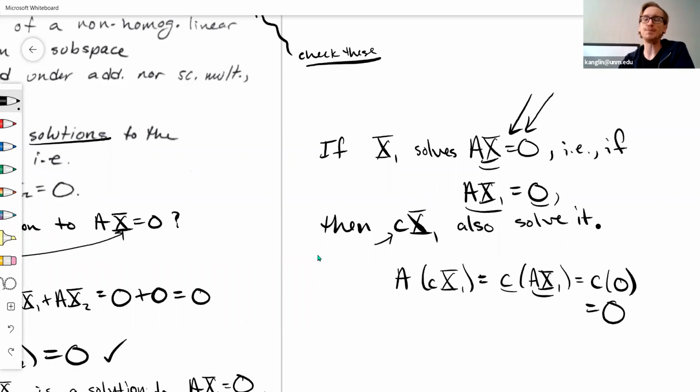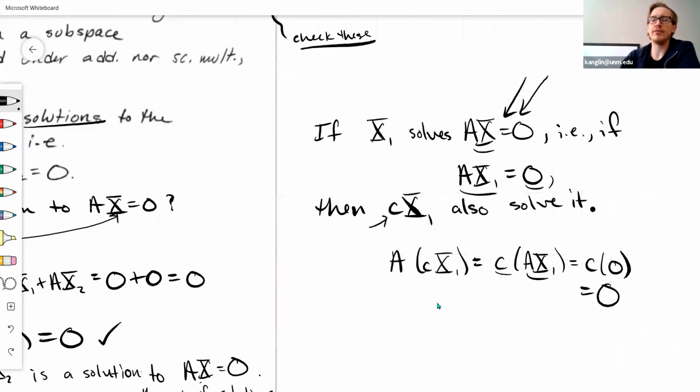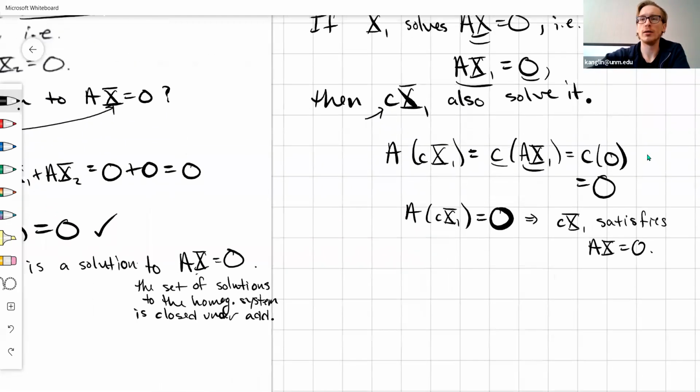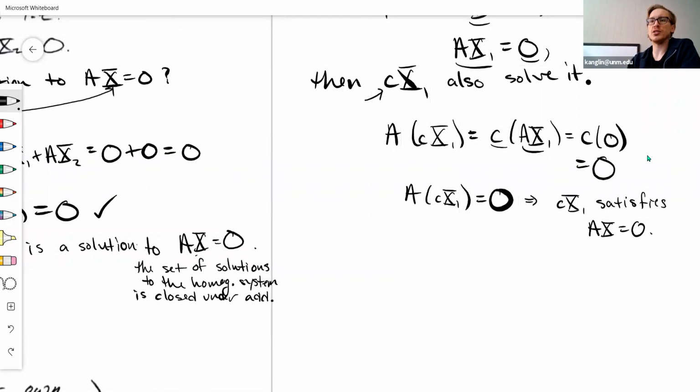That's a property we saw. So what do we have? We have that, yes, A times this scalar multiple of x1 does in fact equal the zero matrix. This implies c times x1 satisfies the system. It solves the system.